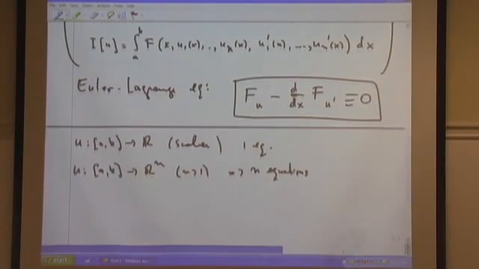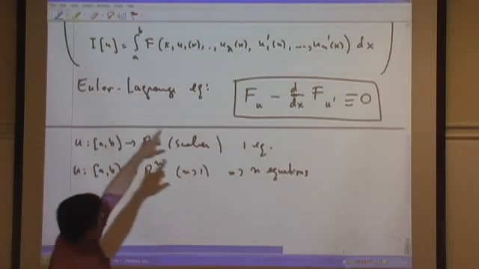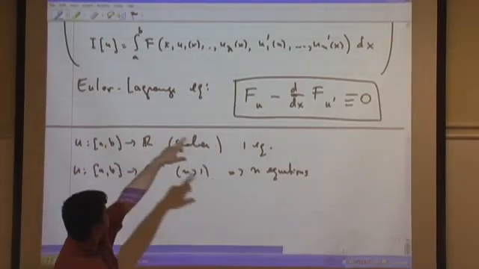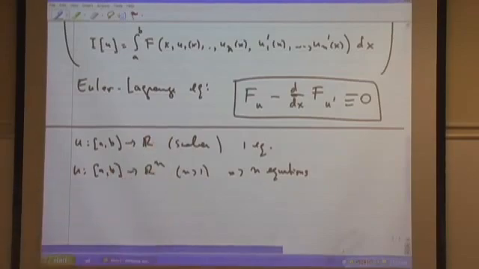Just look at this. f would have several arguments, right? So the Euler-Lagrange equation would translate into the following: f sub ui minus the derivative with respect to x of f sub ui prime equals 0 for i equals 1 through n.